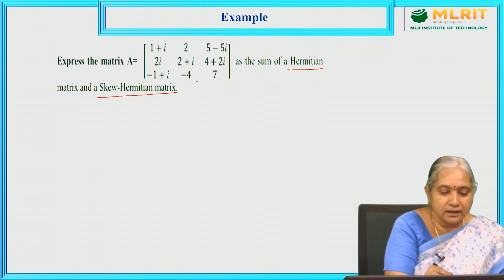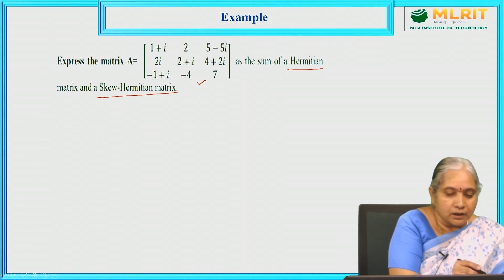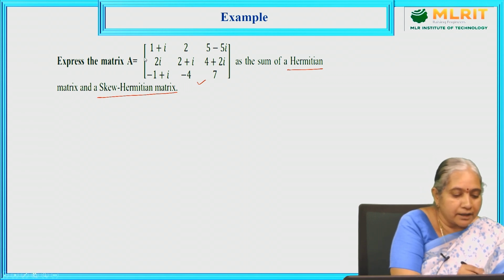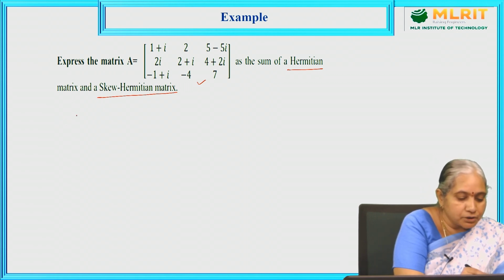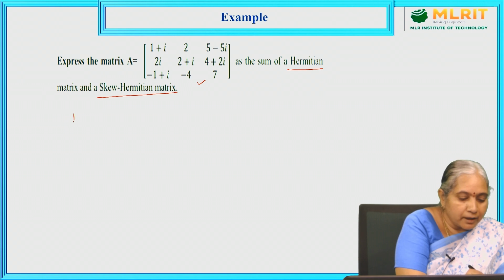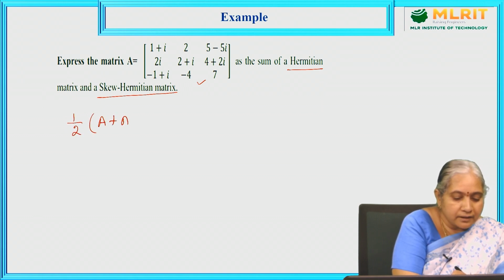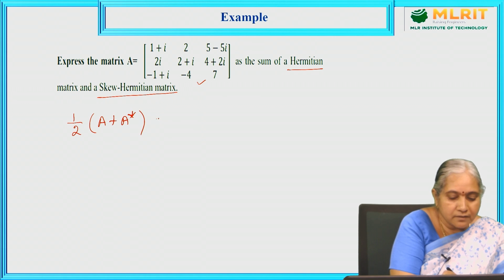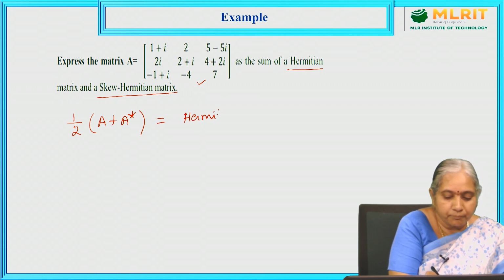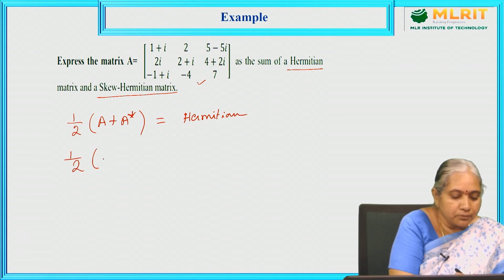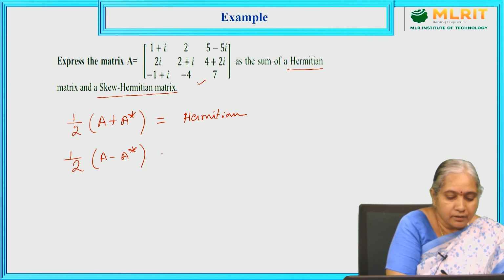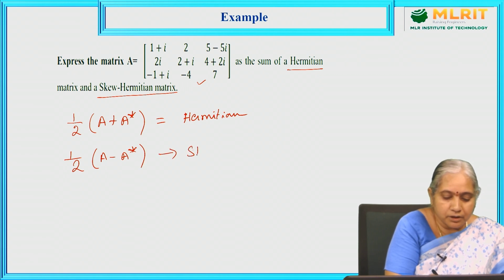So, this is the given matrix. So, the Hermitian part of the matrix, already we proved, is 1/2 into A plus A star. So, this is a Hermitian matrix, and 1/2 into A minus A star is a skew Hermitian matrix.